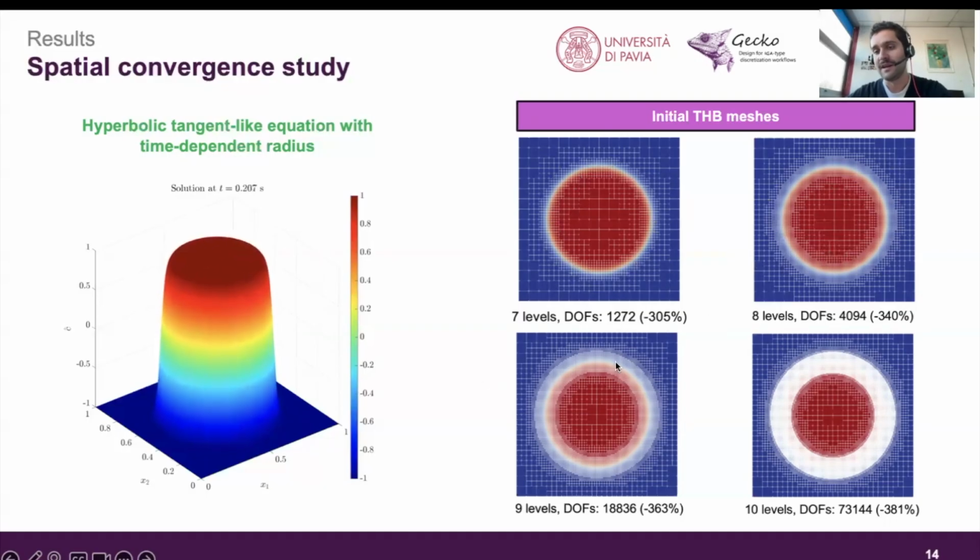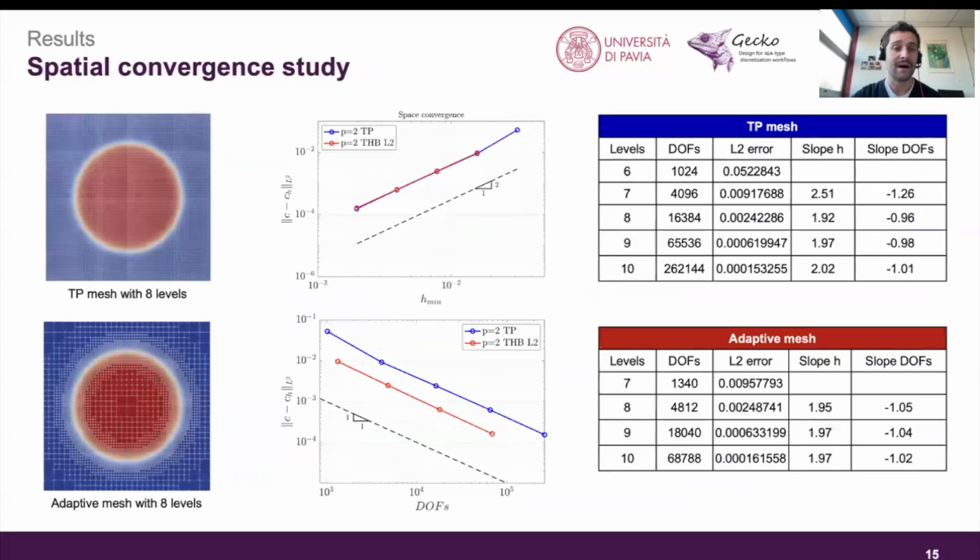Of course, using adaptive meshes saves a lot of degrees of freedom with respect to the tensor product, and that obviously has an impact on the computational times. But we will first focus on the first results that we have obtained in this direction, because this is a work in progress in the end.